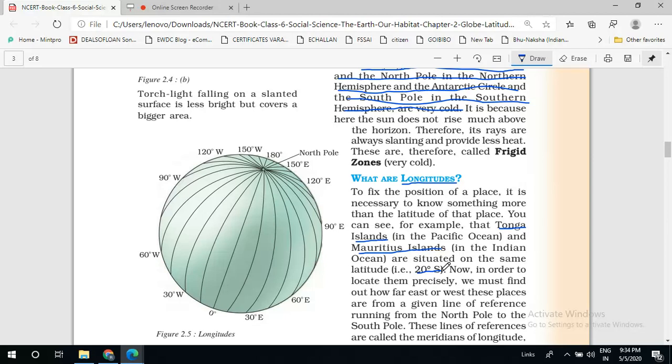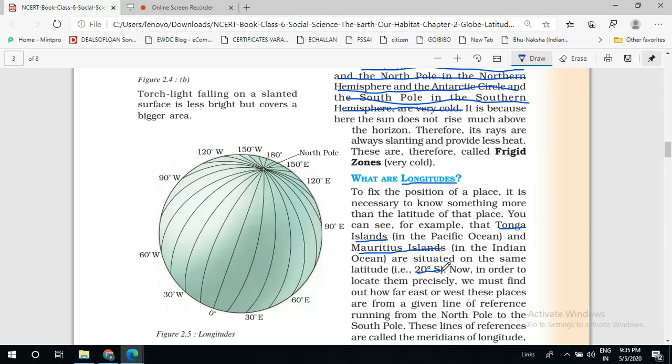Now we want to locate Tonga precisely, and we want to locate Mauritius precisely. So what will be the problem? We only know that these two places are at 20 degrees south, but we do not know any given line of reference running from north to south.